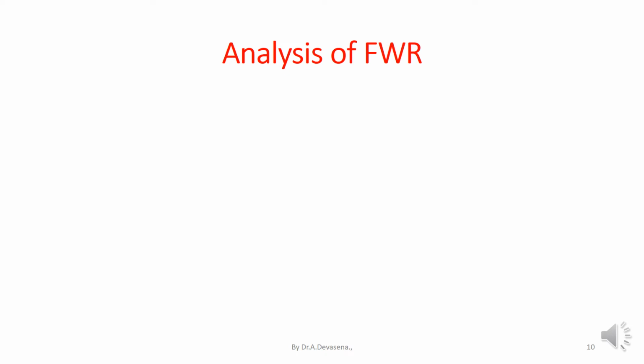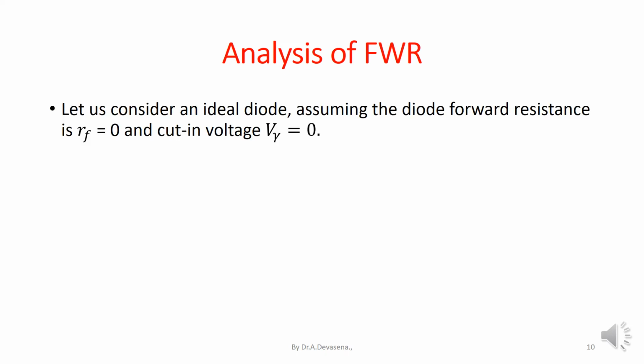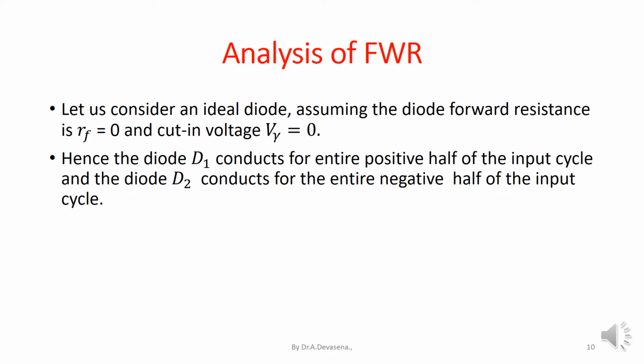Now we will start analyzing the full wave rectifier. Let us consider an ideal diode, assuming the diode forward resistance RF is equal to 0 and the cut-in voltage is equal to 0. Hence, the diode D1 conducts for the entire positive half of the input cycle and diode D2 conducts for the entire negative half of the input cycle.